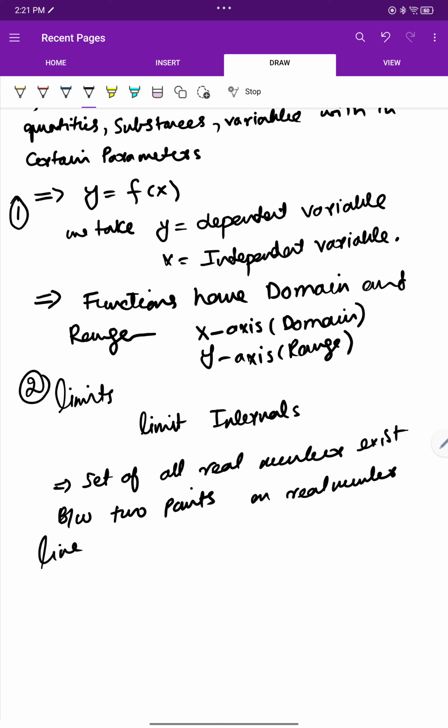Limit. And first thing in the limit is interval. So what is limit? Set of all real number exists between 2 points on a real number line, and real number line is this one.